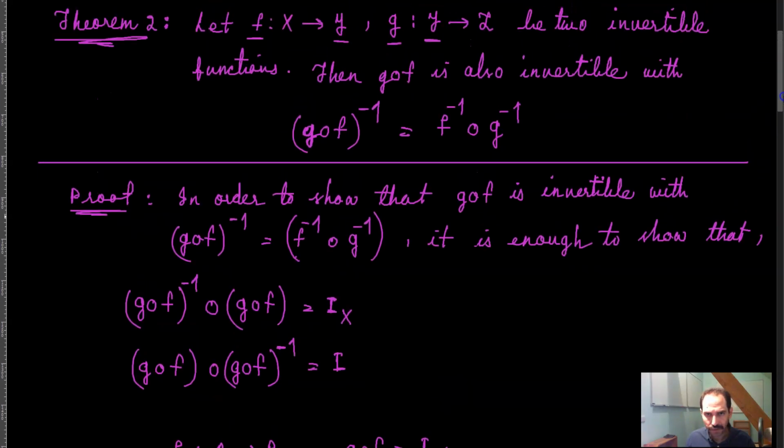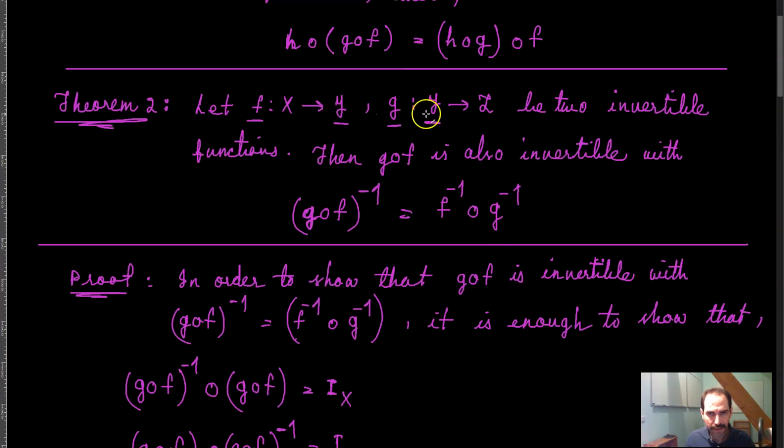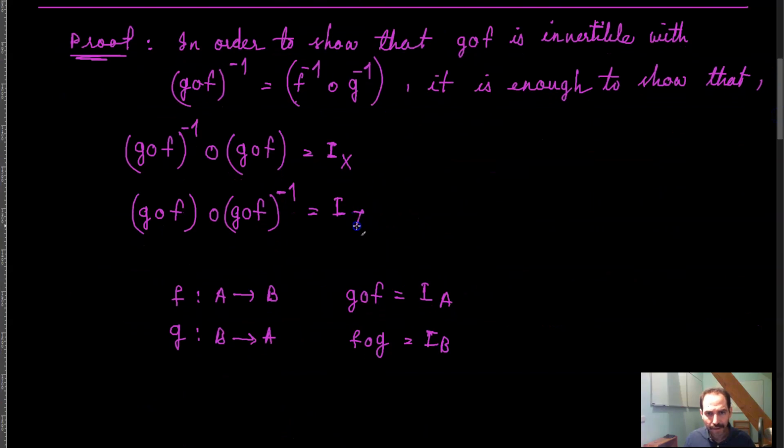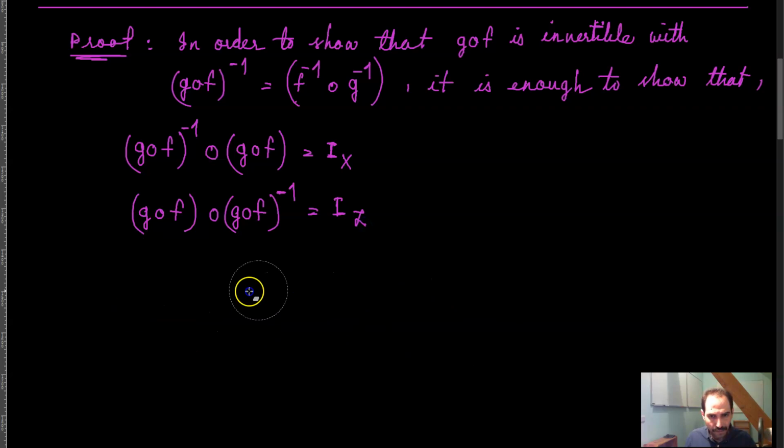The codomain of GOF is z, so it becomes I of z, right? Now, what you need to do is simply show these two, and then you will have shown that GOF is invertible, right?